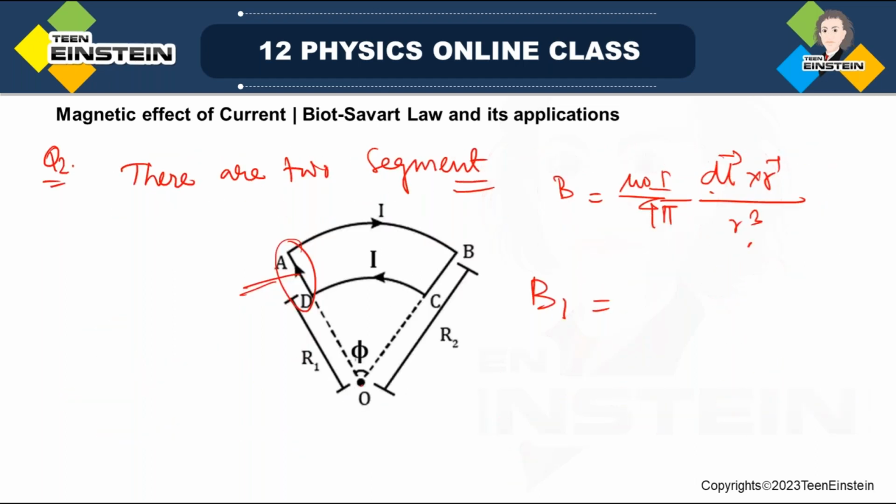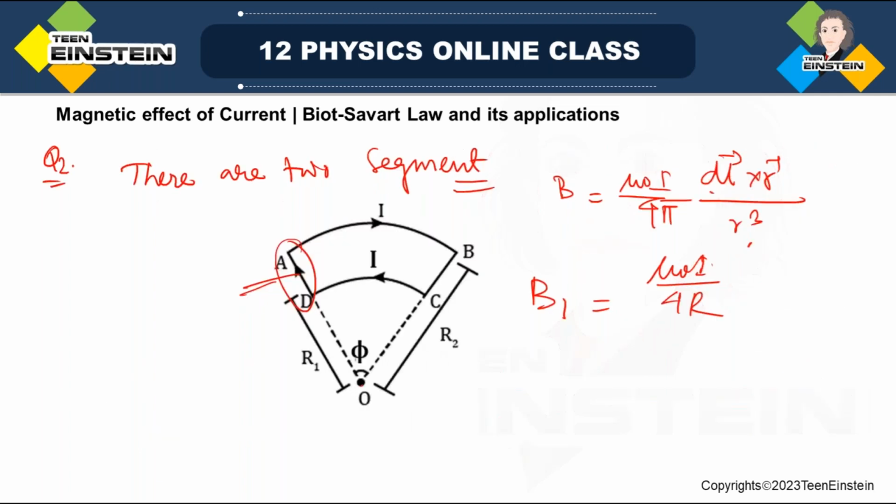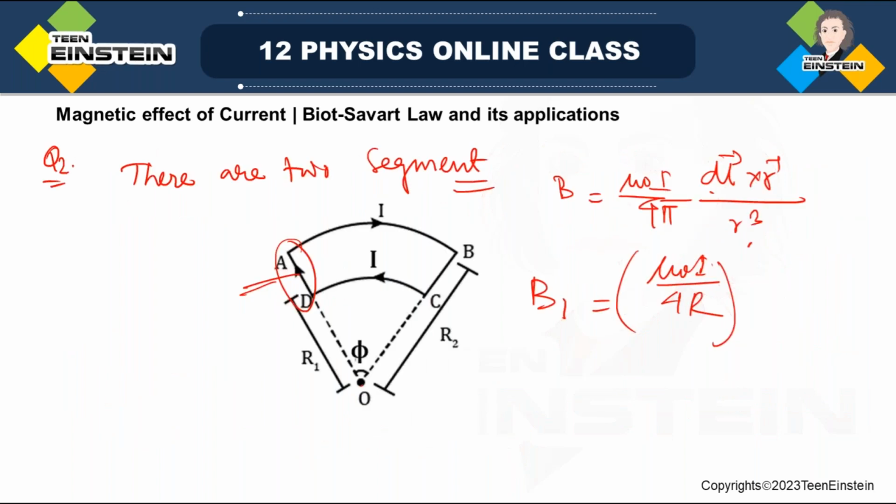Mu 0 I by 4 pi r into the angle. So what is the angle this arc makes at this point?